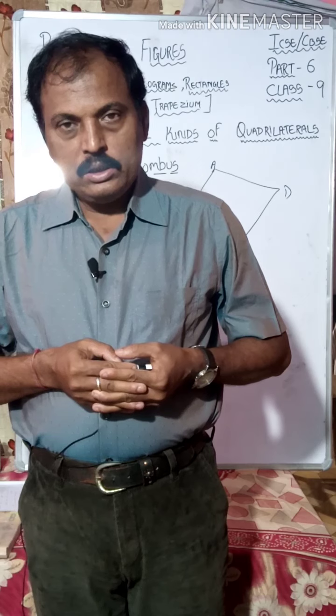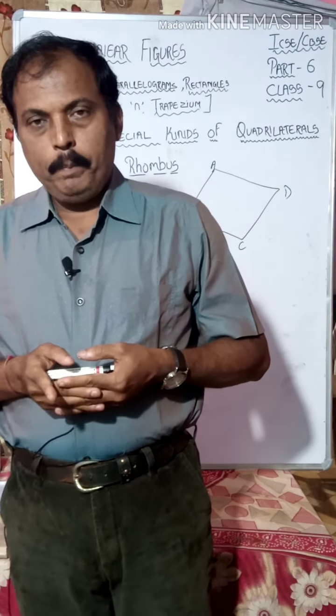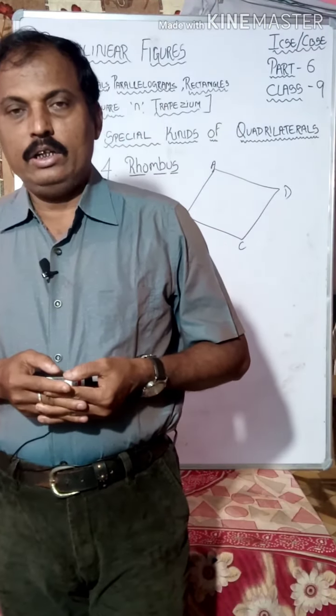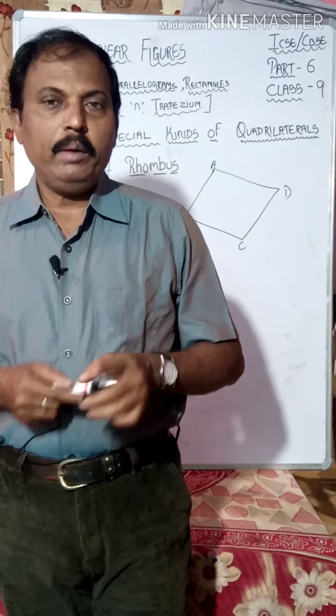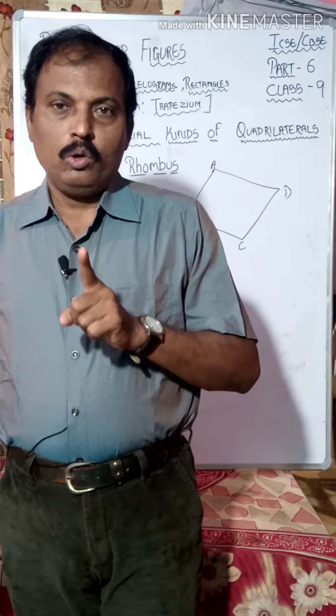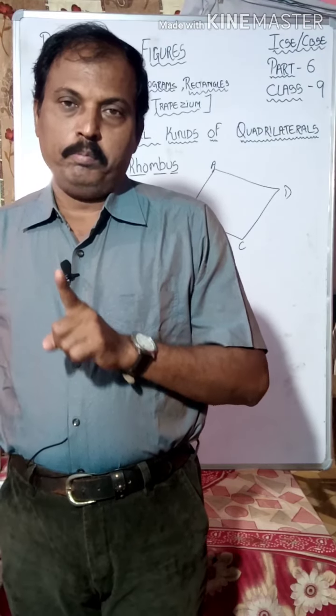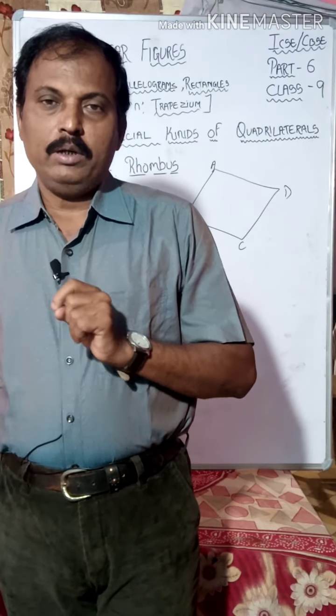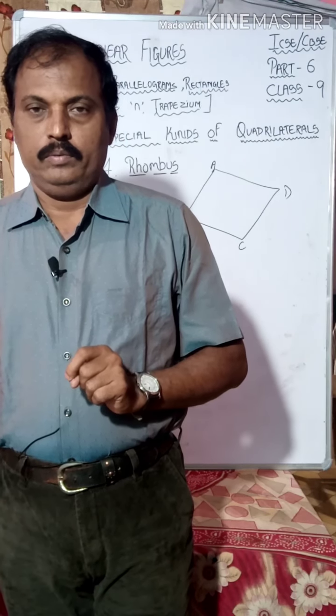The rhombus is a parallelogram in which two adjacent sides are equal. That is the minimum definition of a rhombus, nothing else. If two adjacent sides of a parallelogram are equal, then that parallelogram is called a rhombus.